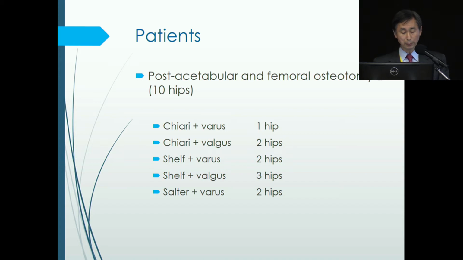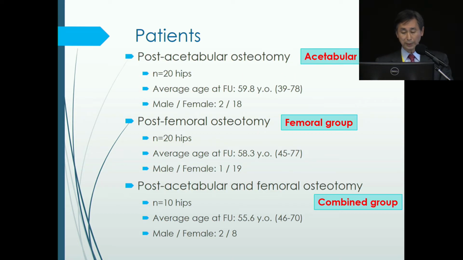And also we performed 10 THAs after acetabular combined with femoral osteotomies, Chiari or shelf osteotomy combined with varus and valgus osteotomies. The average age at THA was around 55 to 60 years old, and the male-female ratio was the same among three groups.